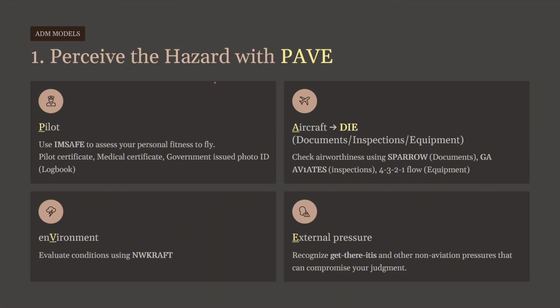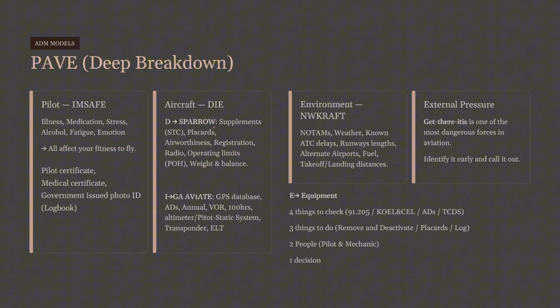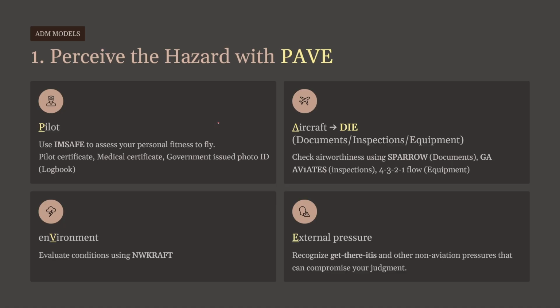This slide is just the outline for PAVE, to perceive the hazard, which helps the pilots perceive the hazard. We are going to talk about this in more detail in the next slide, but for now I'll just briefly explain. P stands for pilot, and this includes personal conditions, often checked with I'M SAFE, and also needs to bring those documents before flight.